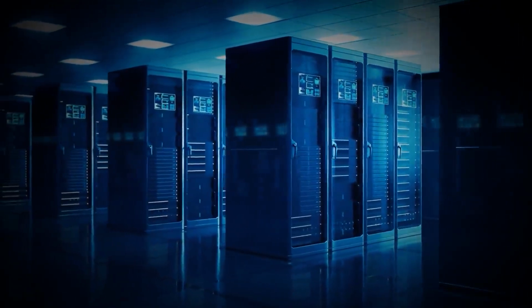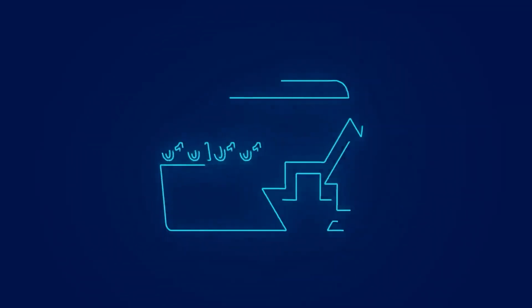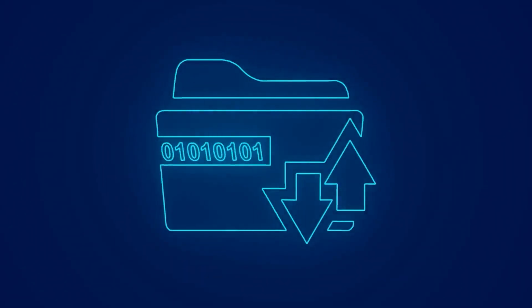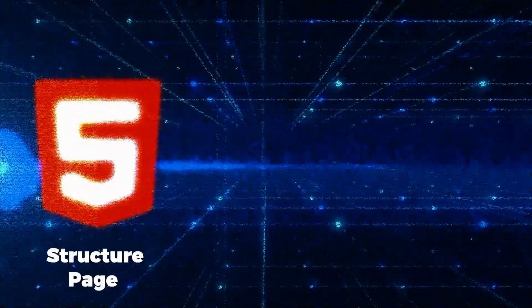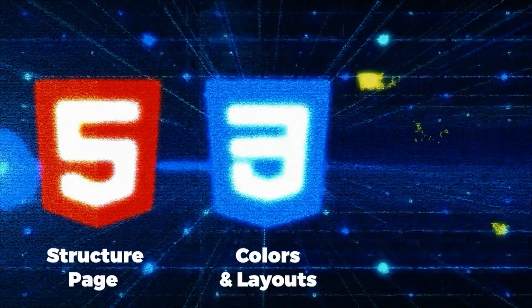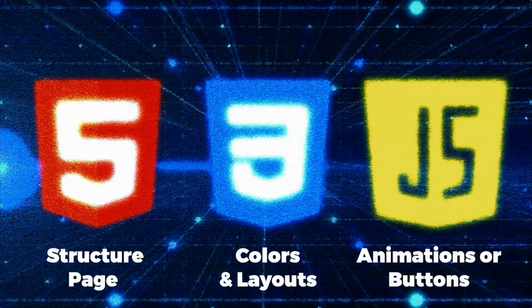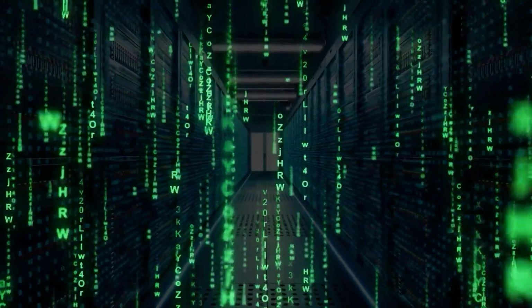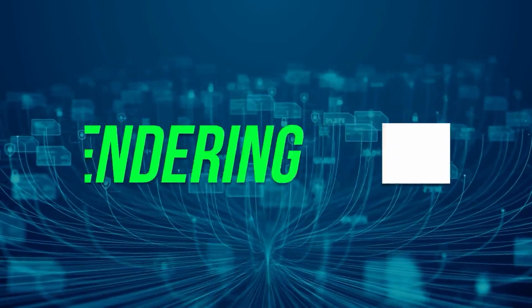Receiving the response. The server responds by sending back the files for the website. These files typically include HTML, the structure of the page, CSS, the styles like colors and layouts, and JavaScript, the functionality like animations or buttons. Rendering the page. The browser takes these files and starts rendering the web page.